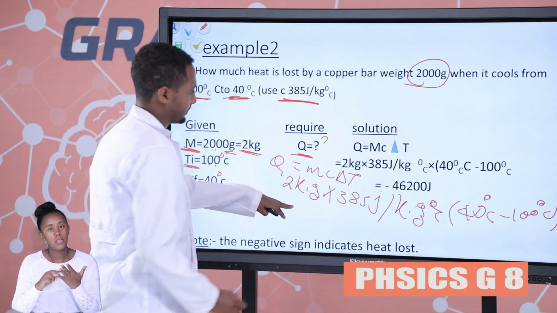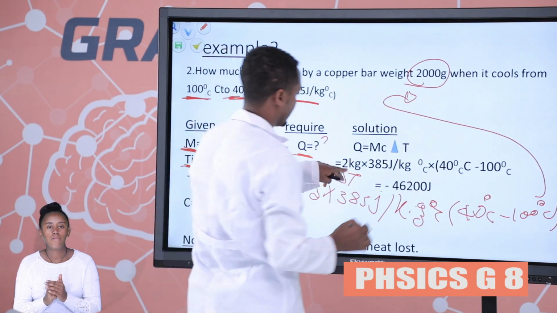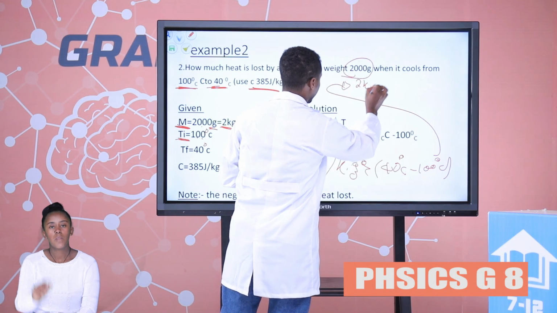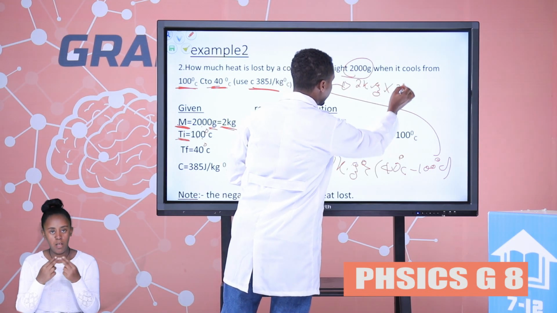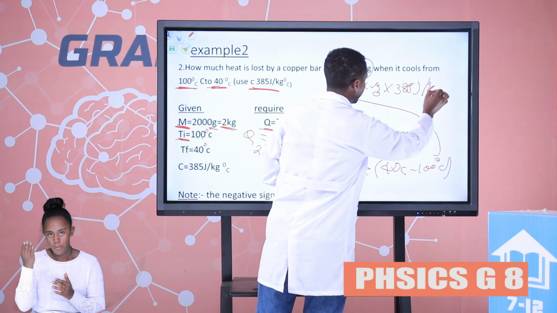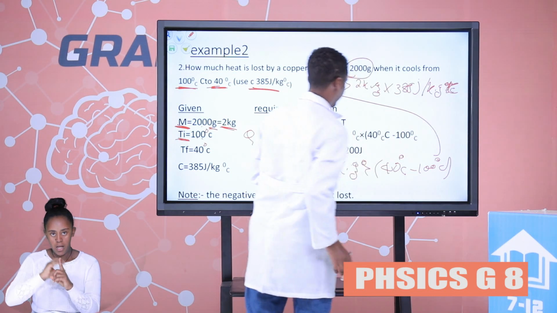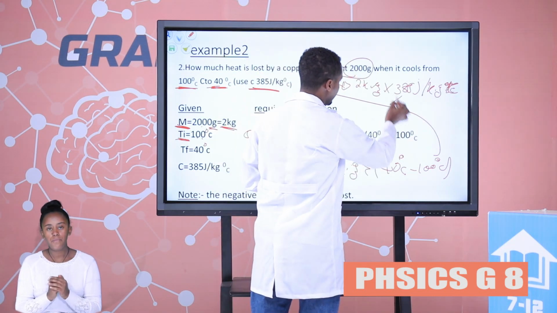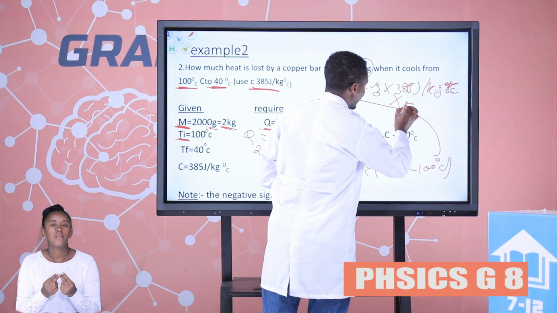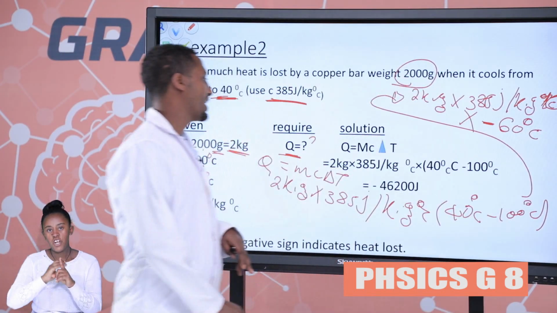This means 2 kilogram times 385 joule per kilogram degree Celsius times minus 60 degree Celsius.